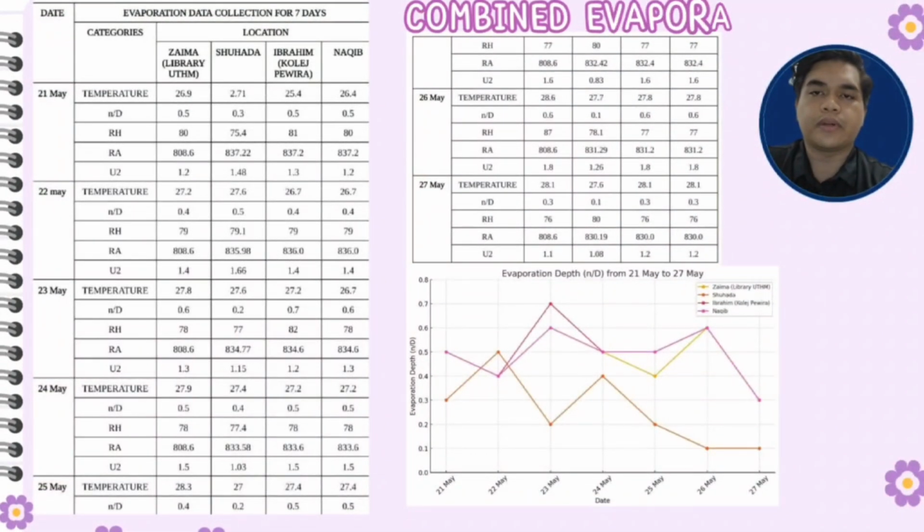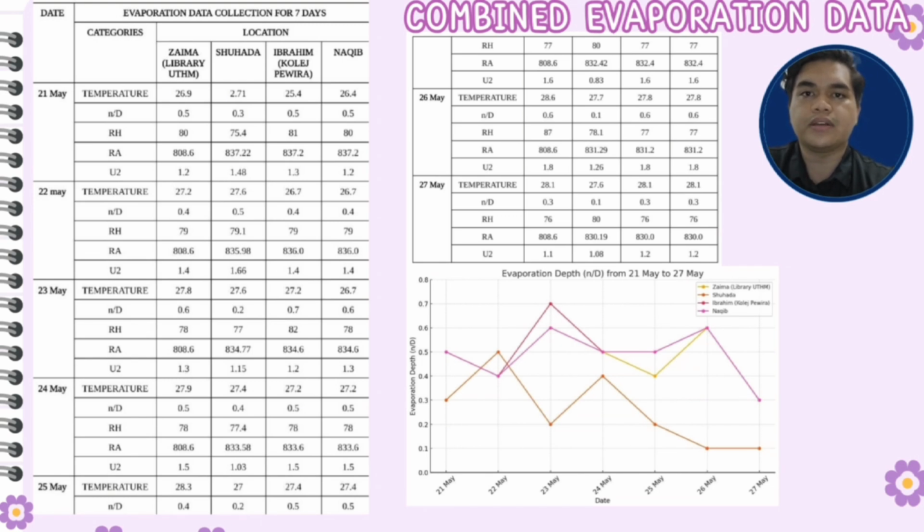Assalamualaikum warahmatullahi wabarakatuh. My name is Muhammad Nakif Hamid Ahmad. Today I will present our 7-day evaporation data collection from 21 to 27 May at 4 locations: Zaima, Suhada, Ibrahim and Nakib. The main parameter we focus on is ND, which represents daily evaporation depth. Based on the result, the highest evaporation was recorded on 26 May, especially at Zaima and Ibrahim, both reaching 0.6 cm.